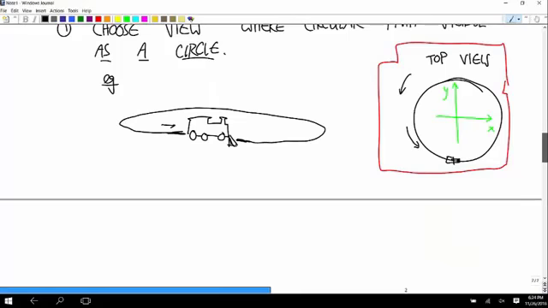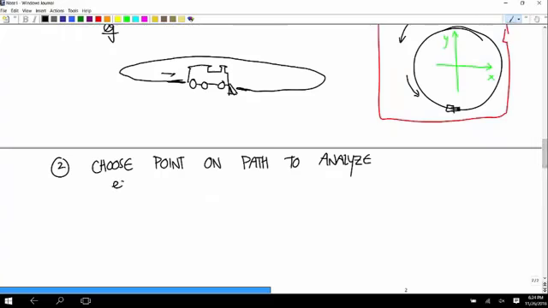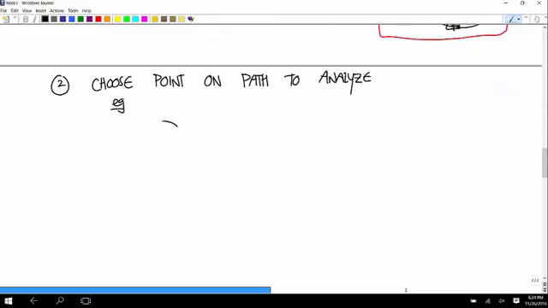Then the second step is to choose a point on the path that you're going to analyze. So for example, in the problem that I drew up above, this toy train.